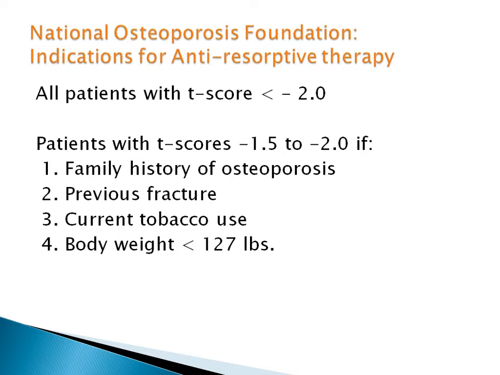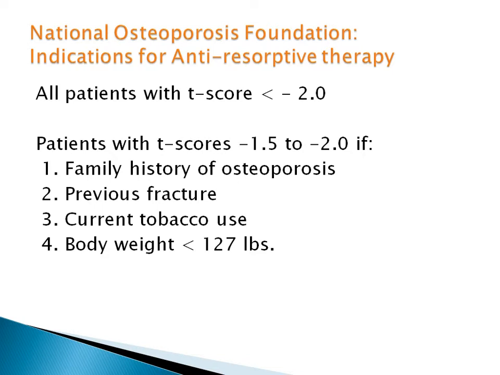Now, in addition to the international osteoporosis recommendations we just covered, the National Osteoporosis Foundation, which is from the United States, has its own indications for the use of drug treatment. The NOF, as opposed to the IOF, suggests treatment if the T-score is less than -2.